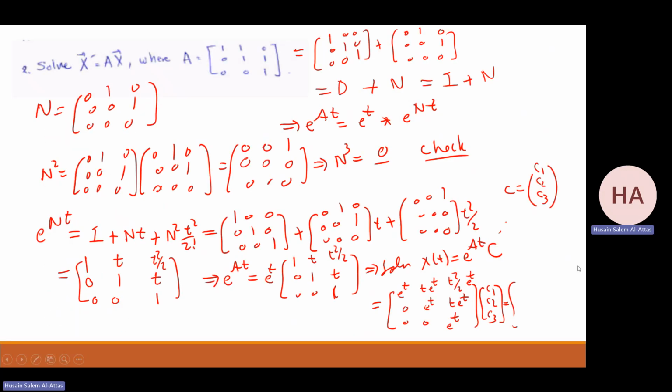That will be what? First one is complicated: c1 e^t plus c2 t e^t plus c3 t squared over 2 e^t. Then c2 e^t plus c3 t e^t.